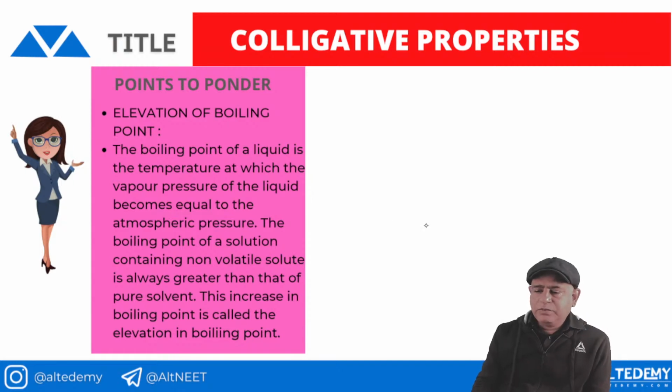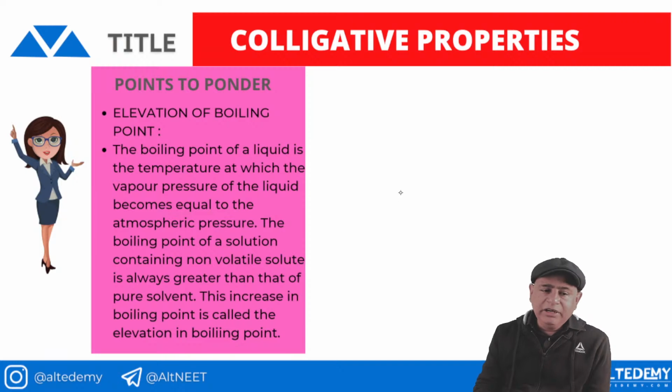Coming to another aspect of colligative property, that we call elevation of boiling point. As I told you, when we are adding a non-volatile solute to a solvent, on one hand there is a relative lowering of vapor pressure. On the other hand, we are having elevation in boiling point.